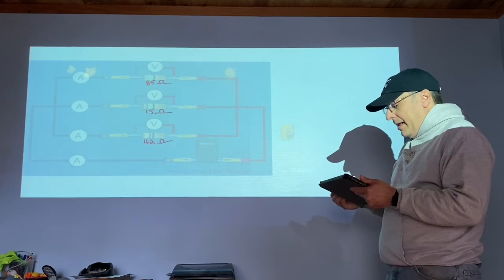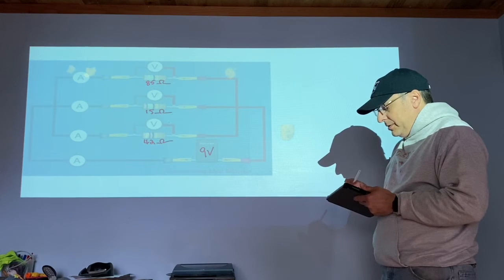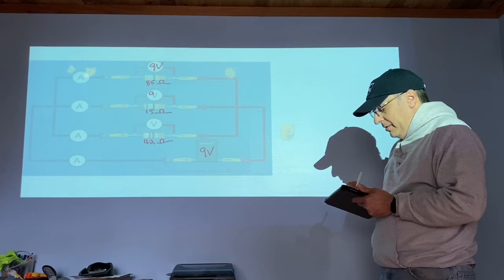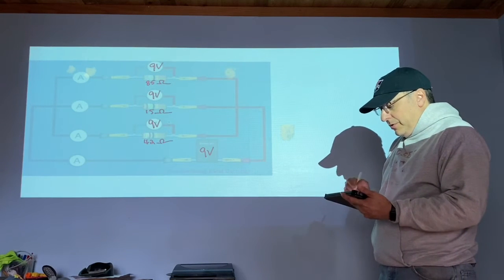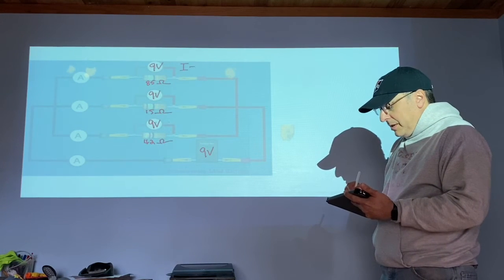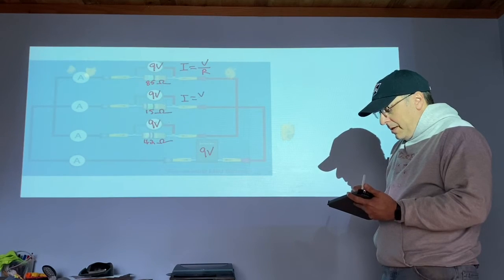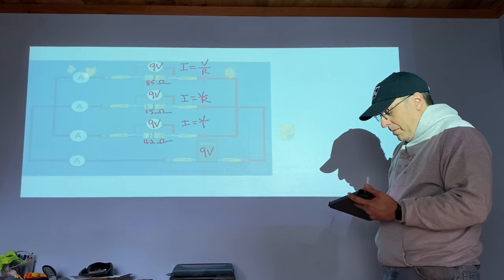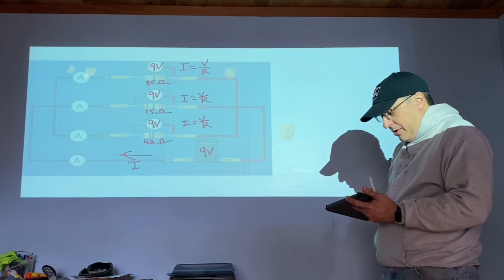Again, they each get whatever voltage the battery box is. So let's say it was 9 volts. It was not 9 there, but let's just pretend. And then you can use the voltage and the resistance to get the current for the top, the current for the middle, and the current for the bottom. Once you have all those currents, you could add them up, and that will get you your total current.